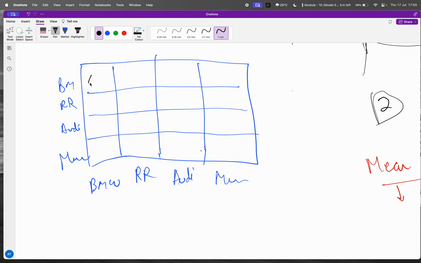If it is BMW and it predicted BMW, then it is a true positive. I'll write actual here, and this is predicted. You can do vice versa also, you can put actual over here and predicted over here. That's not a big thing.